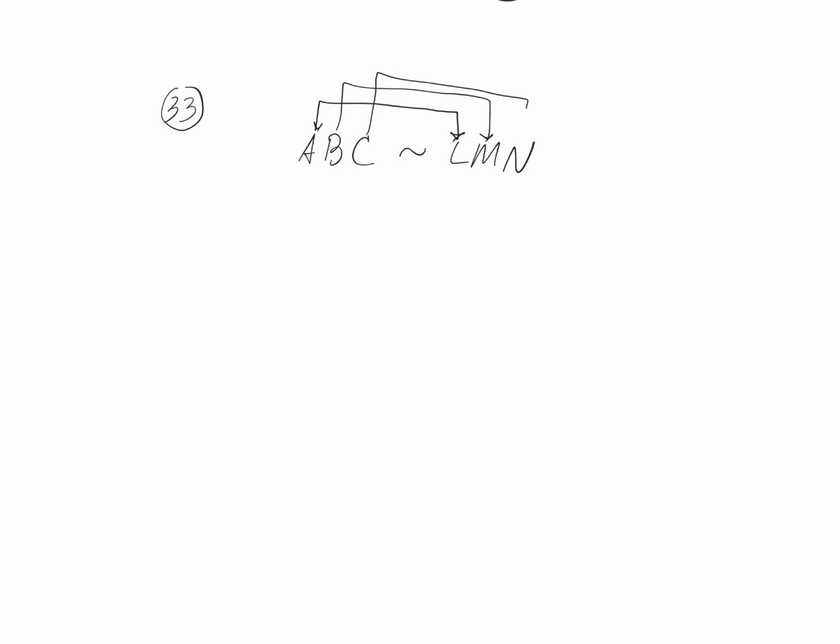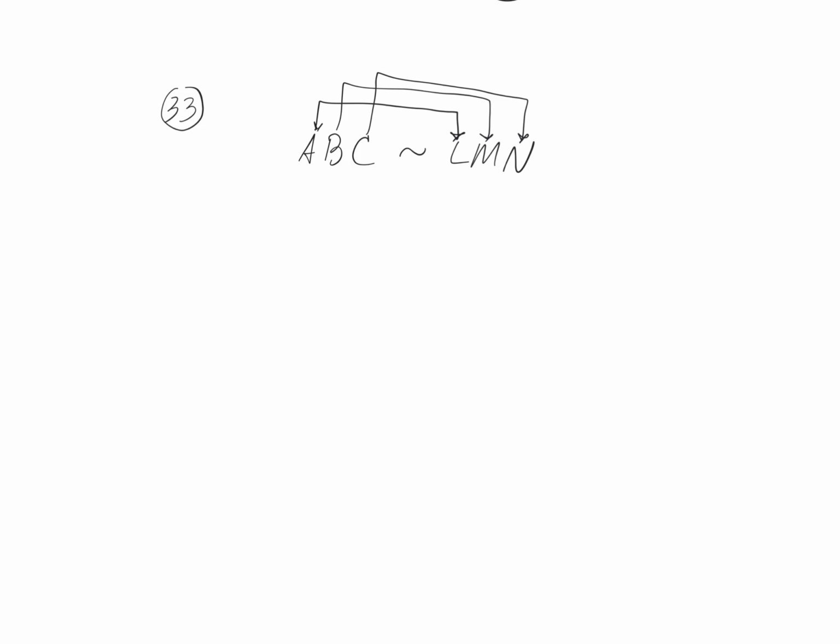Here is actually a faster way to do question 33. They say that triangle ABC is similar to triangle LMN. By saying that, what they mean is that angle A corresponds to angle L. Angle B corresponds to angle M, and angle C corresponds to angle N. So if you look straight to the end of the question, they say, what is the measure in degrees of angle L?